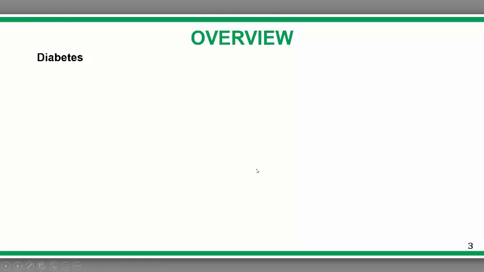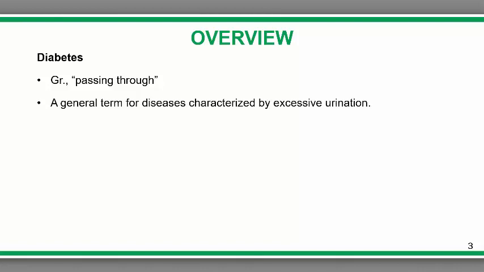Just some more details on the term diabetes mellitus. The term diabetes is a Greek derivative that means passing through. And this is a reflection of a disease that's characterized by an excessive amount of urination. And so this is not specific to glucose, but this is one of the signs that people afflicted with diabetes demonstrate.